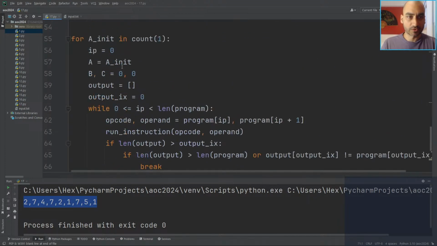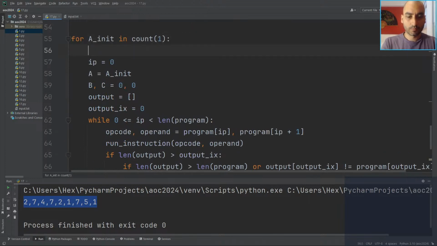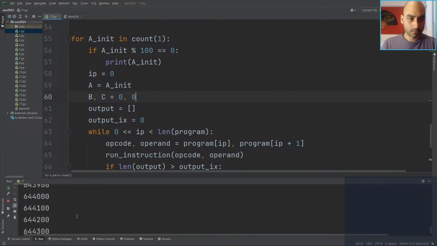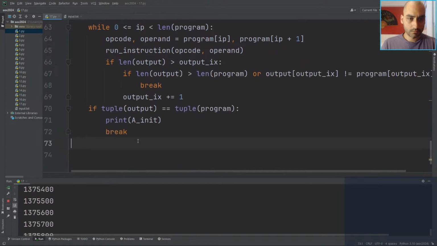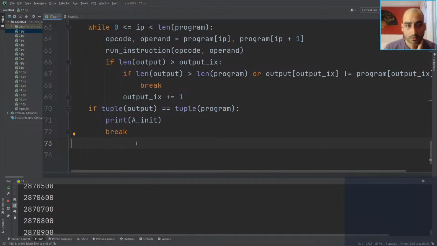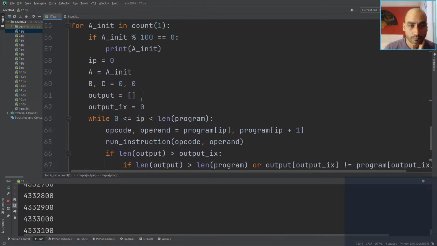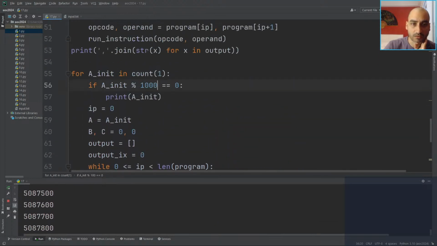Let's try this. Also, let's say print if A percent 100 equals 0. So I want to see what speed we're getting here, if it even gets that high. Okay, we're not getting any infinite loops. That's good. Probably costing a lot of time printing.